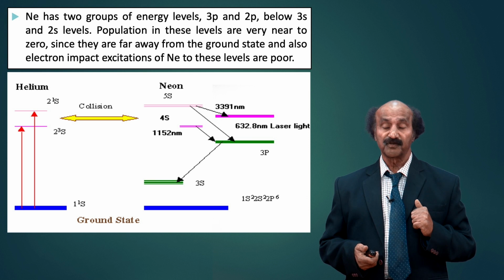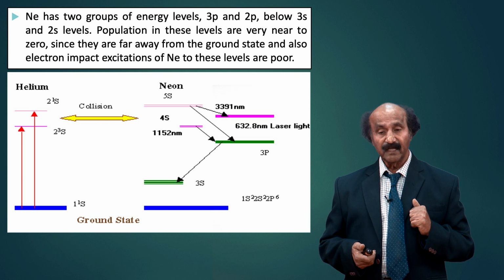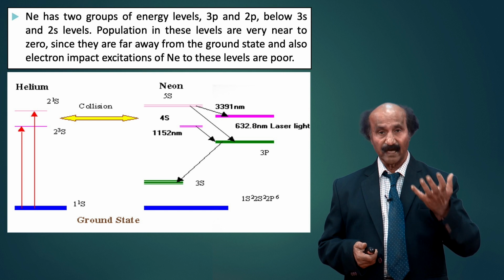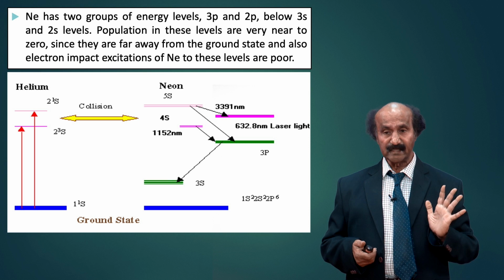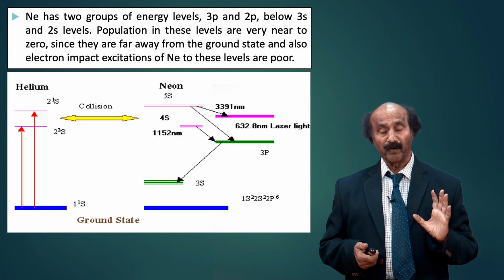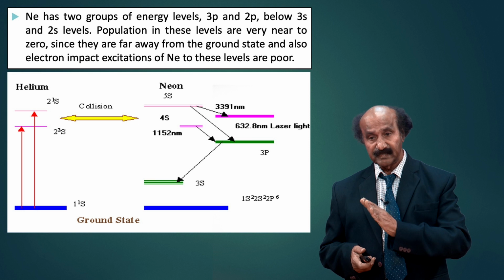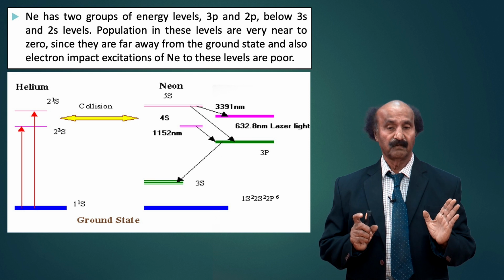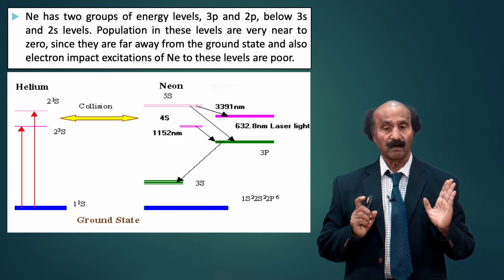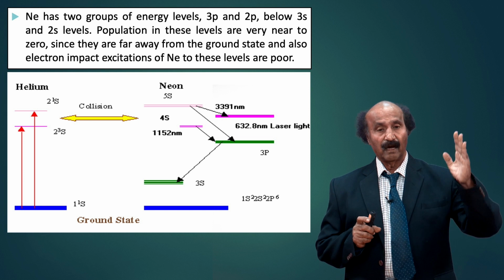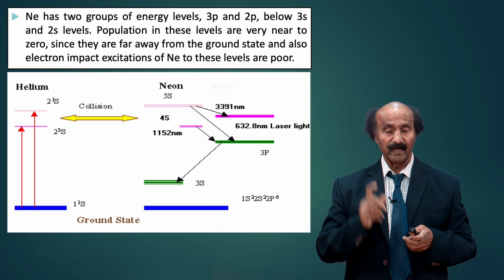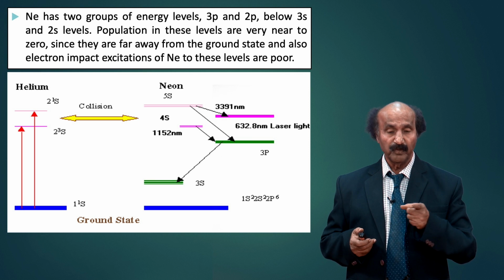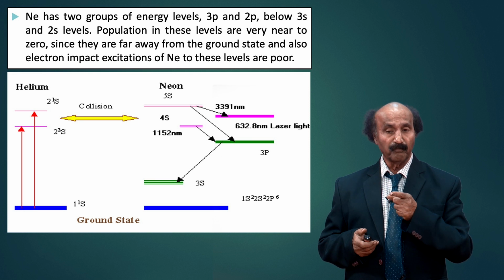Okay. So, the transition from 3p to 3s also is allowed. You will get some radiation, but we are not going to consider this one. What is important of 3s level we will see later. Right now we are interested only in this: pump level, upper laser level, lower laser level, and the ground level, which are shown by the blue line.